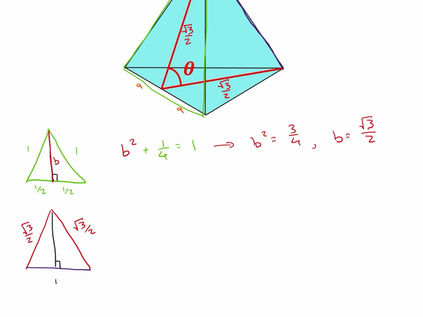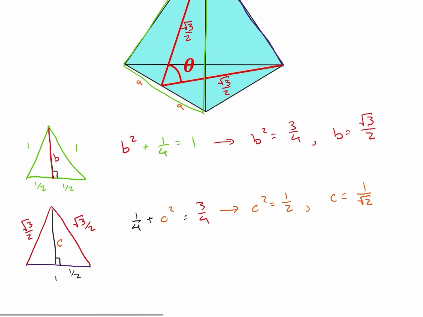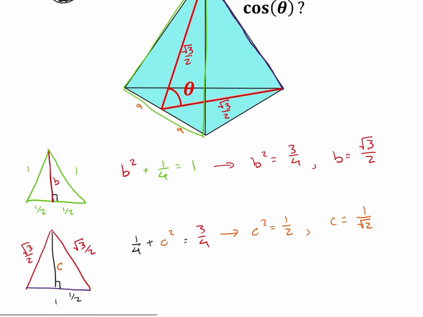Once again, I can look at this triangle here and use the Pythagorean theorem, and now I can solve for this line C. When I do that, I get 1/2 squared, so 1/4, plus C squared is equal to 3 over 4, which gives me C squared is equal to 1/2, or C is equal to 1 over square root of 2. What I notice here is that in this triangle, this angle is the angle theta.